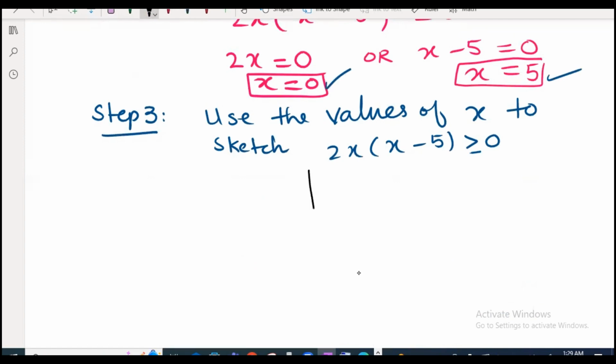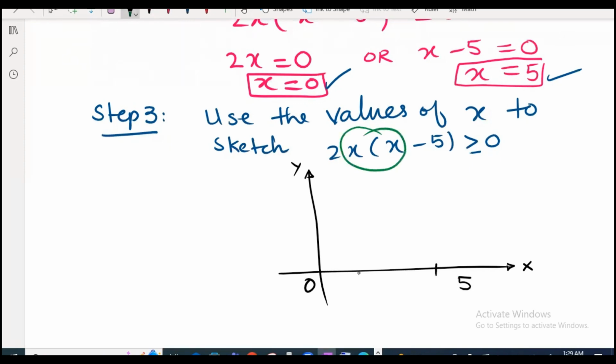So draw the axis. Mark the points 0 and 5. And you should know if the coefficient of x square, this is the product form, is positive, then you have to sketch this type of parabola. So with the help of this, I'm going to sketch this, passing through 0 and 5.